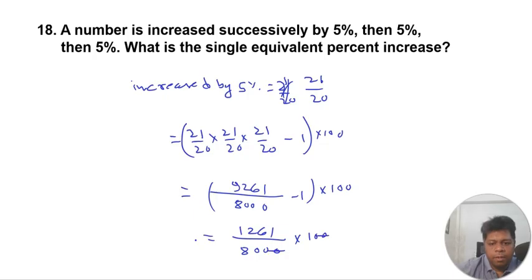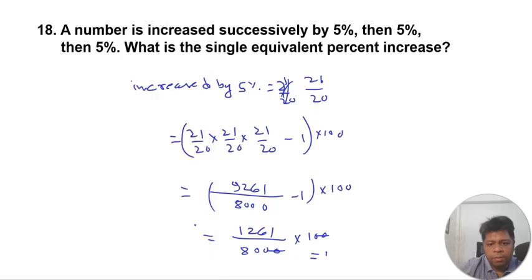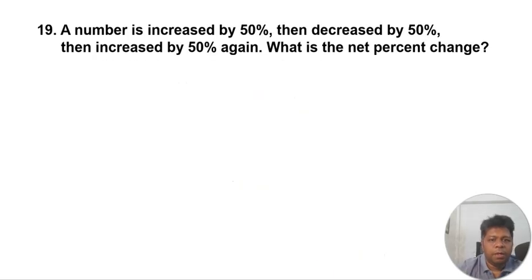So now I have to divide 1261 by 80. Let's use the calculator again. So we can do it like this, equal to 1261 by 80 equal to 15.76. So this is the value, 15.76% increase, as it is a positive value. Okay, now we'll go to our next question.